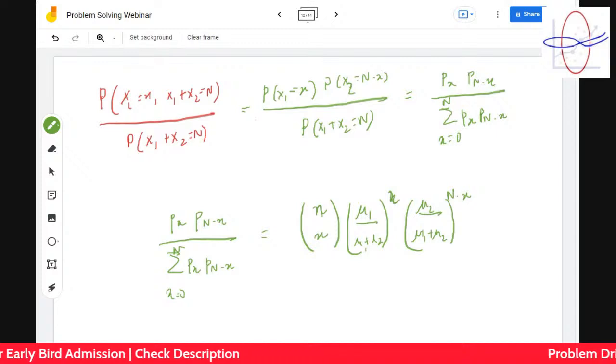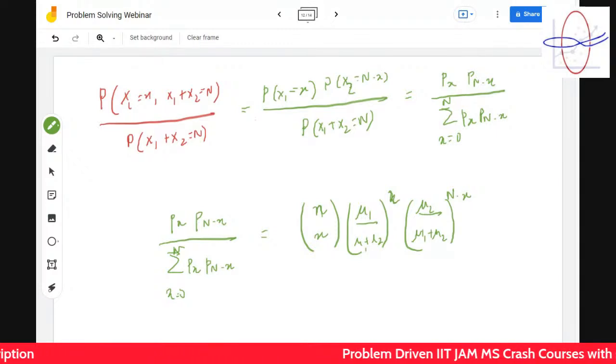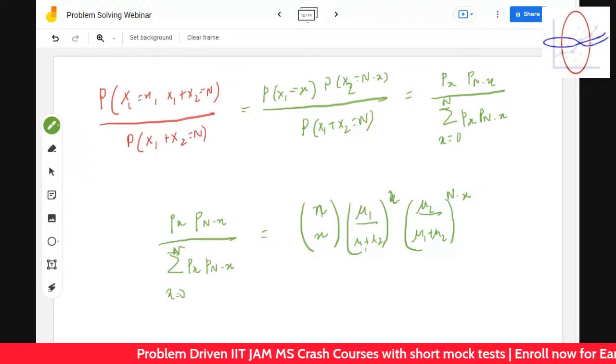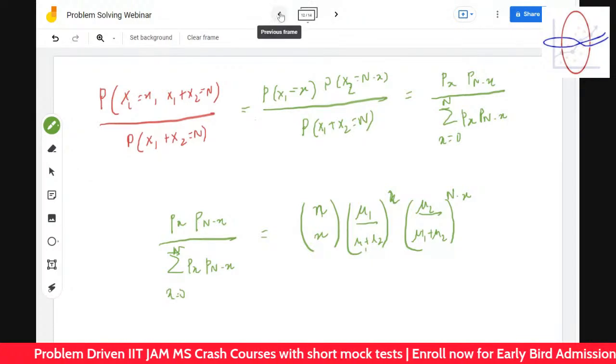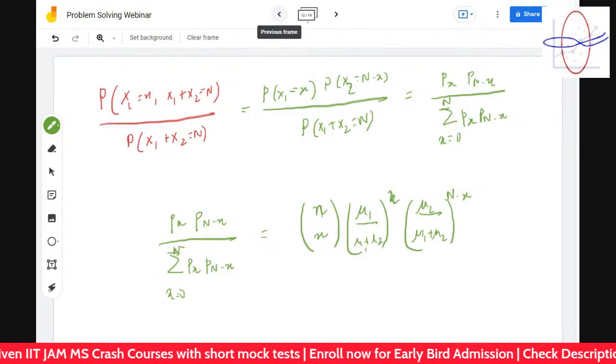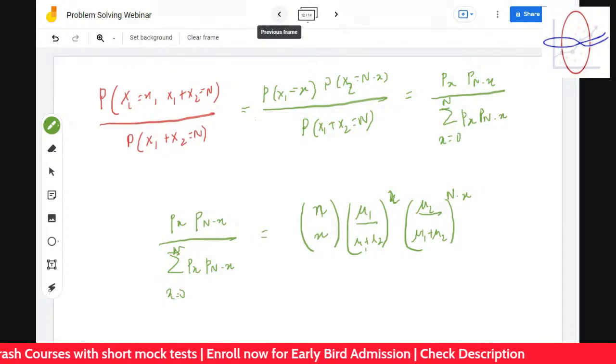Do you understand the question, guys? Nikhil has some ideas. Nikhil, go ahead. Magnitude of probability is small in case of Poisson. Okay.